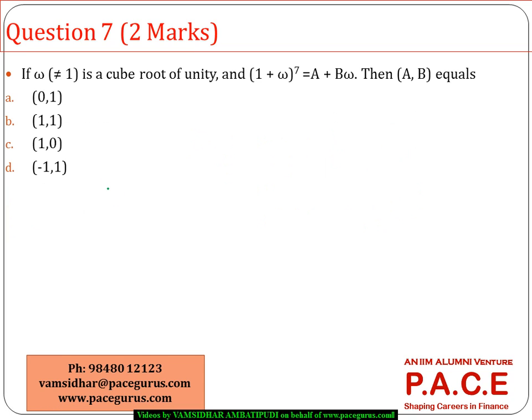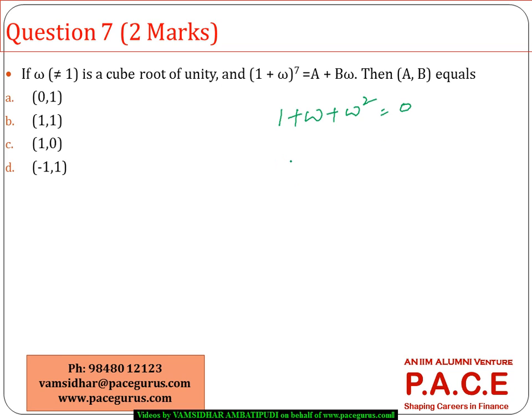If omega is a cube root of unity and (1 plus omega) to the power 7 equal to a plus b omega. See, we know that in cube root of unity, 1 plus omega squared equal to 0.